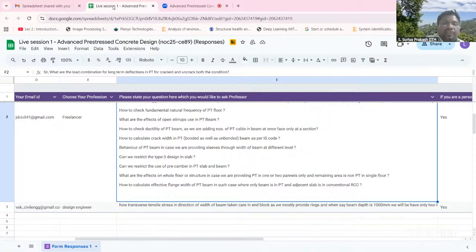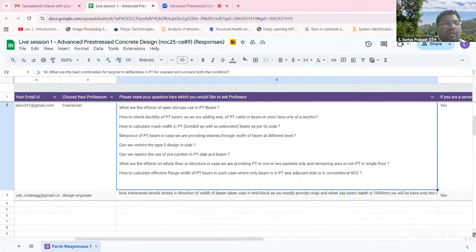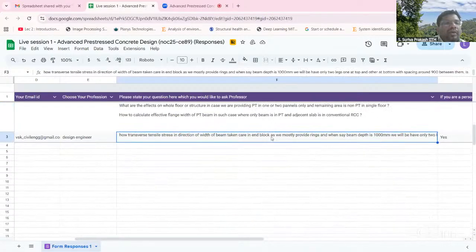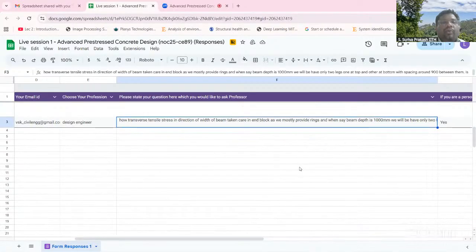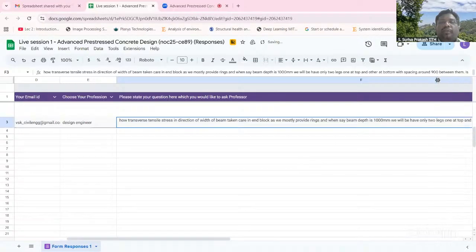Okay, so next question. Let's see. Can you go to the next question, Lokeshwari? Go down, yeah. Okay, how is the tensile stress in the direction of the width of the beam taken care of in the end block, as we mostly provide rings when, say, the beam depth is 1 millimeter and we will have only two legs, one at the top. Can you just wrap the text?